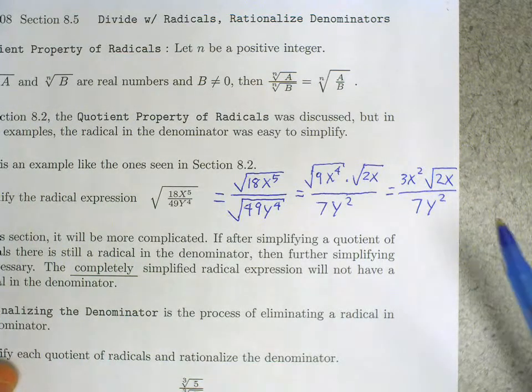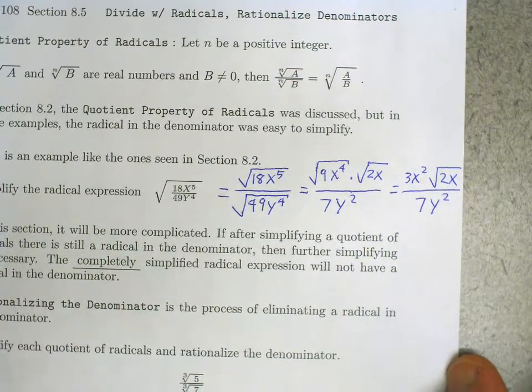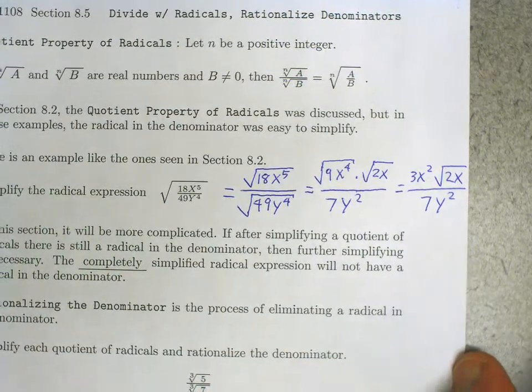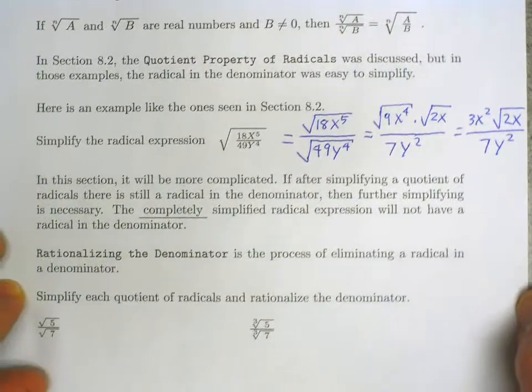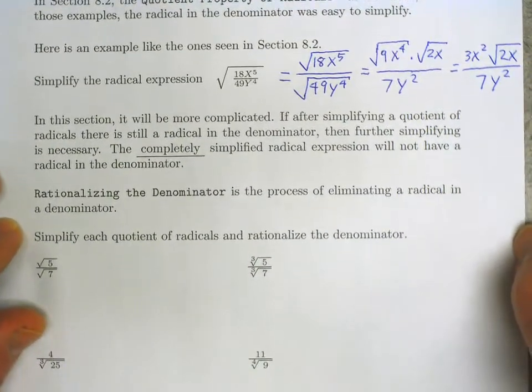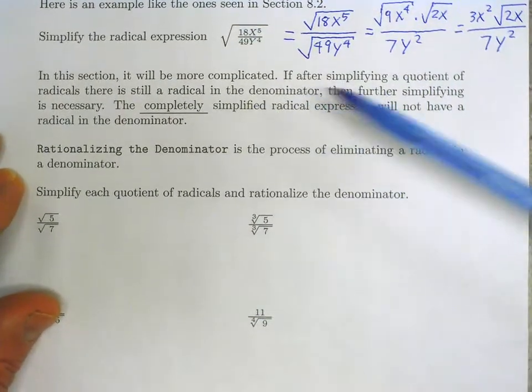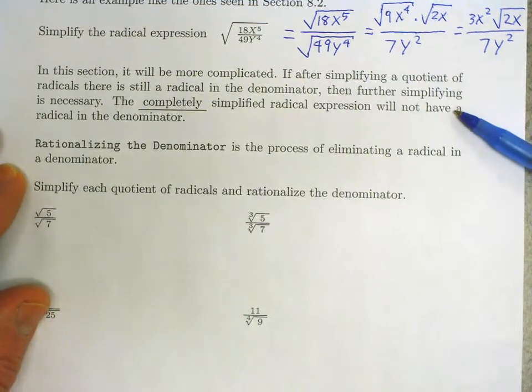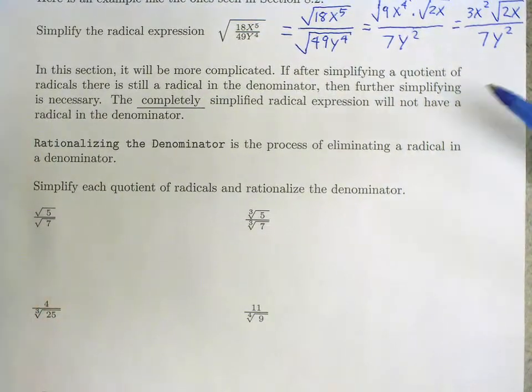Okay, so that was pretty straightforward. In this section, 8.5, it's going to be more complicated. So we'll start with this paragraph. If after simplifying a quotient of radicals, there is still a radical in the denominator, then further simplifying is necessary.